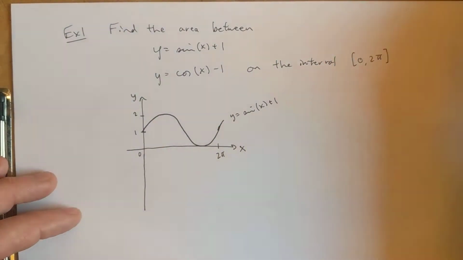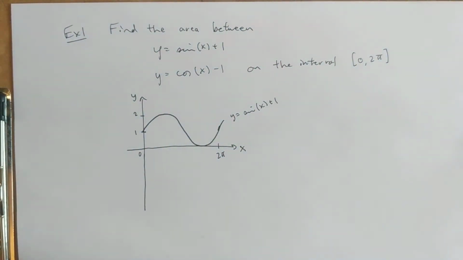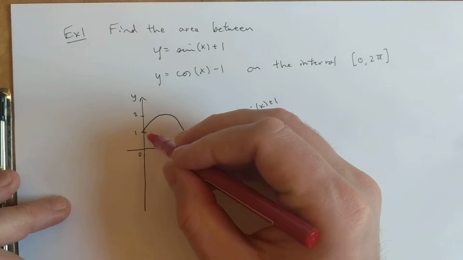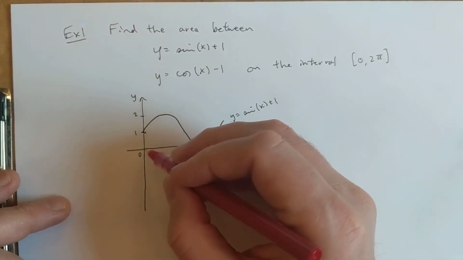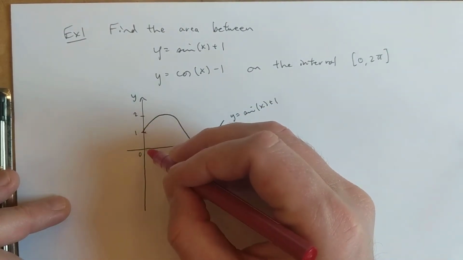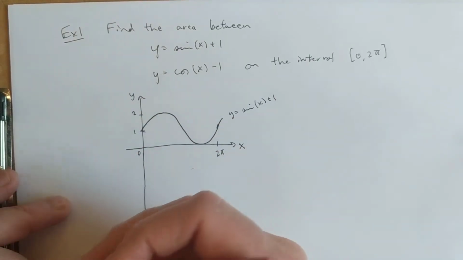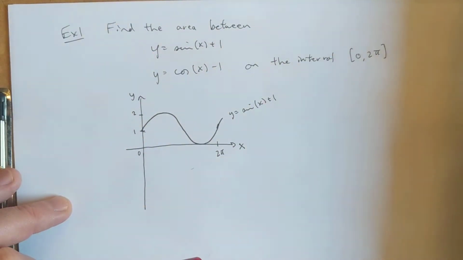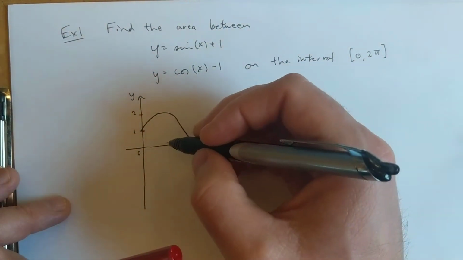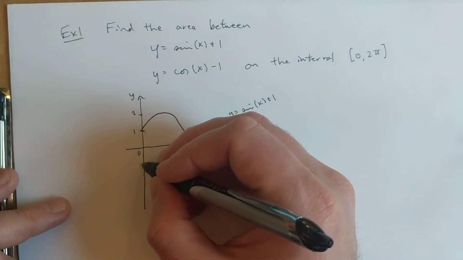And then what happens to cosine? Well, normally it starts at 1 and goes down and around, but now we're going to start at 0 because we've scooted it down 1, and we're actually going down to -2.